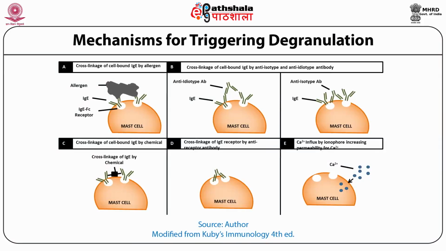Degranulation is simply a cellular process of releasing bioactive molecules from cytoplasmic granules and secretory vesicles in cells like mast cells and granulocytes. Various mechanisms, including the ones that can bypass the need for allergen or IgE, are shown here in the diagram.